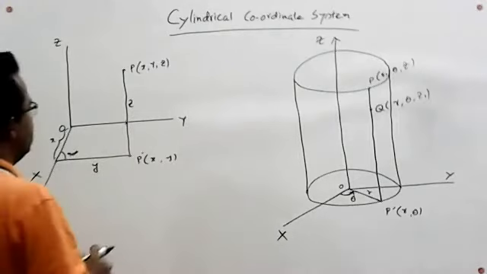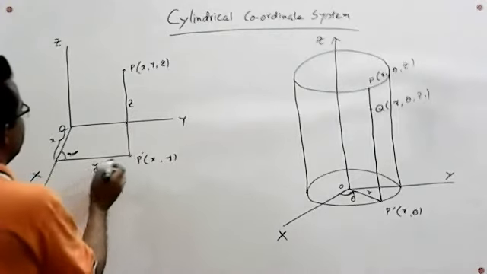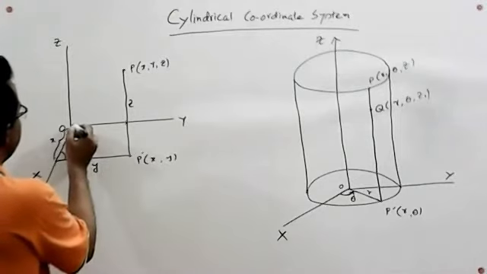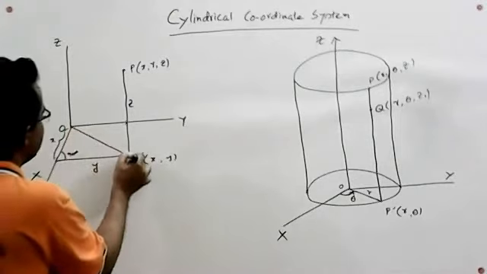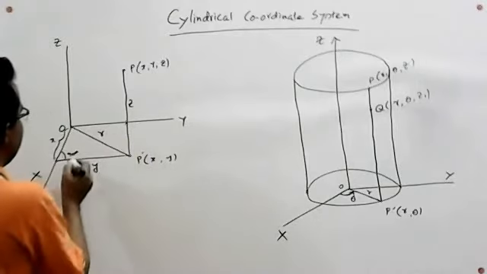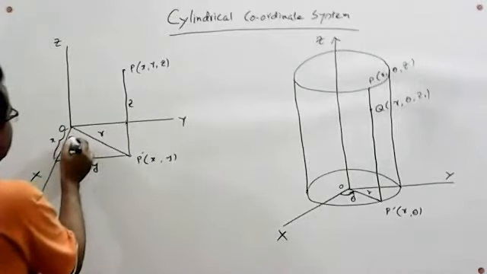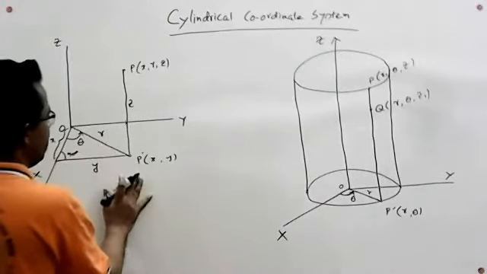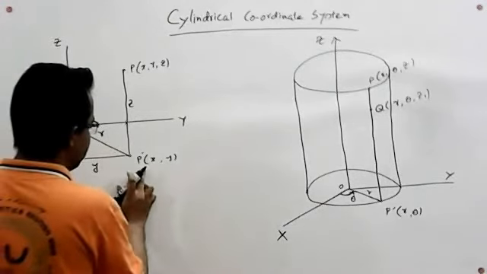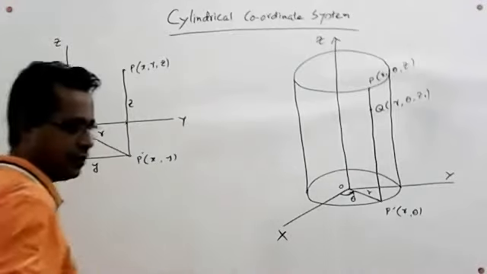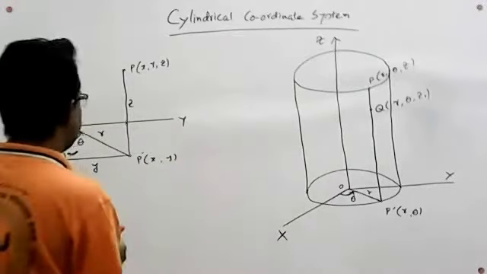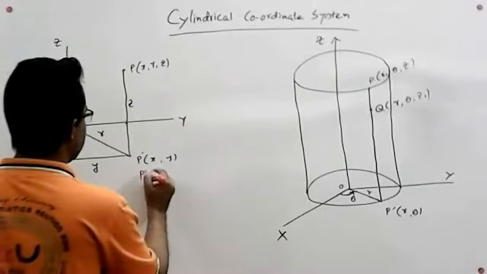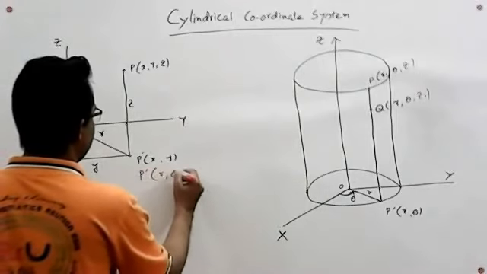In 2 dimensions, we can say that this point P is situated from the pole at distance r, and it makes an angle theta with the positive axis. Therefore, on the xy plane, the coordinate of this point will be P dash, r, theta in the 2-dimensional polar coordinate system.